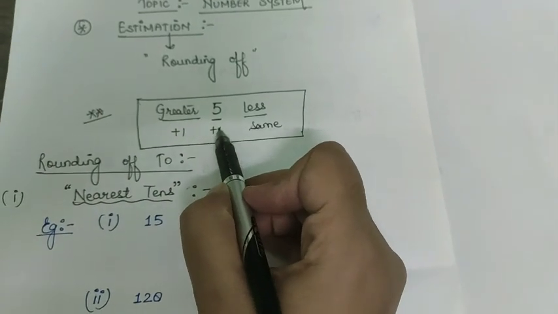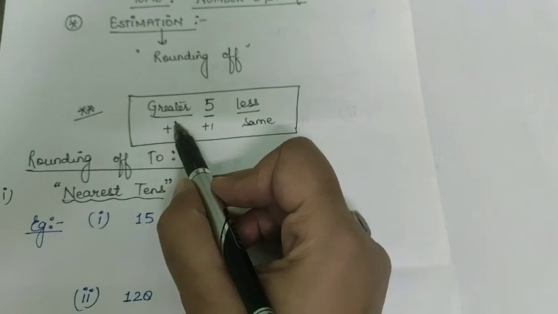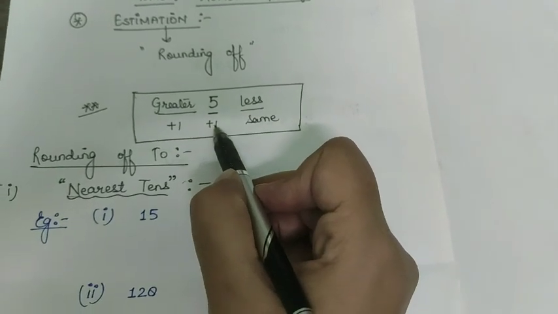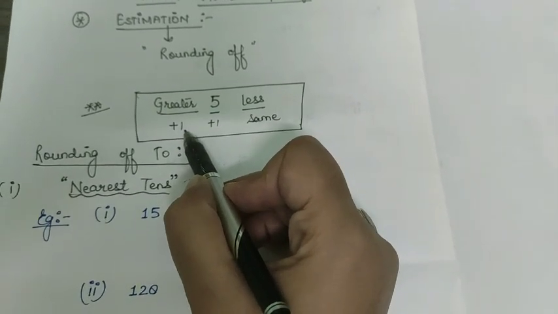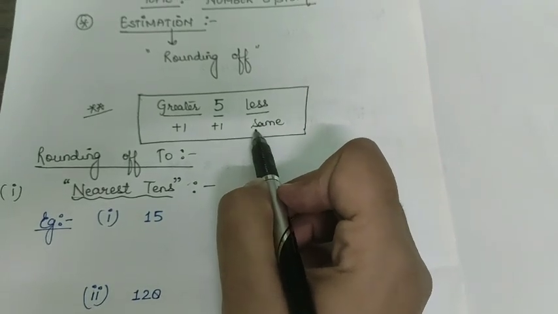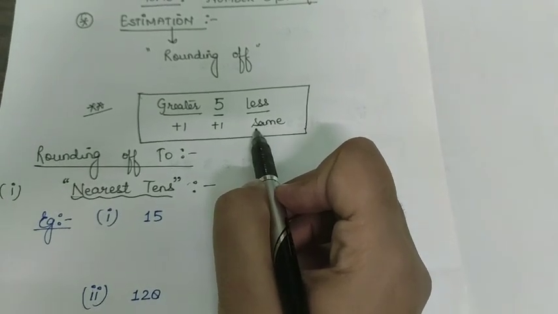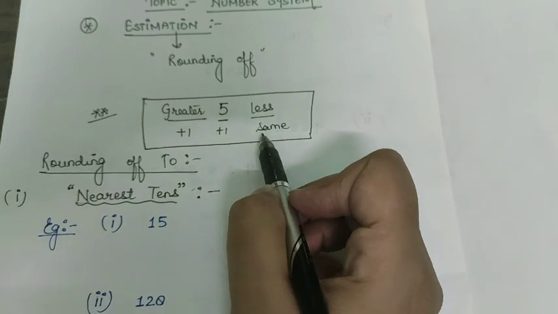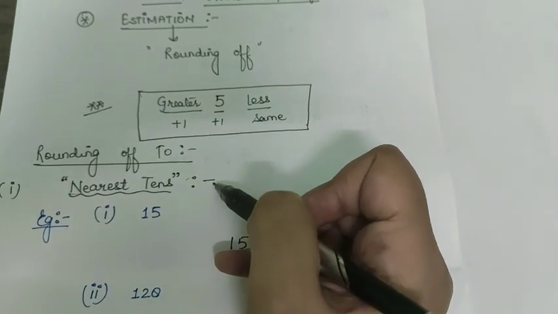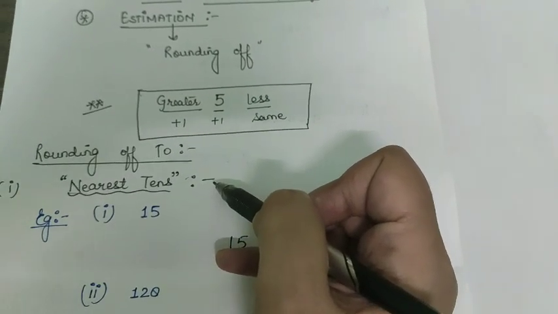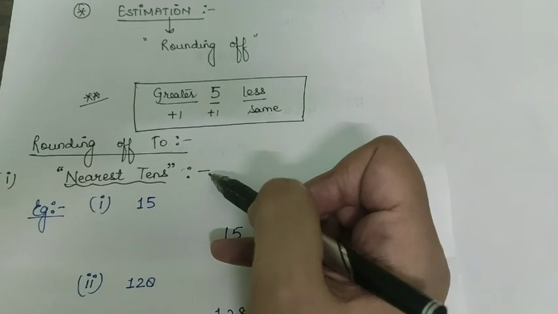When we have 5 or greater than 5, for the number which is to be rounded off, we add 1 to it. And if the number is less than 5, then the number which is to be rounded off remains the same as it is. This can be better explained by taking an example.